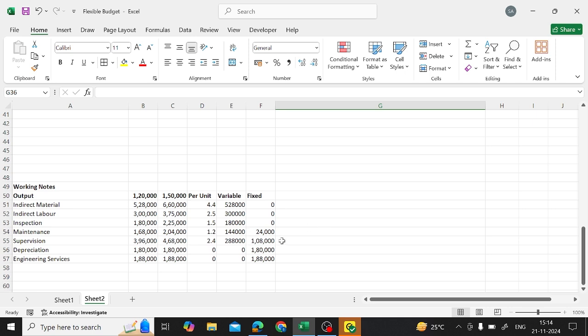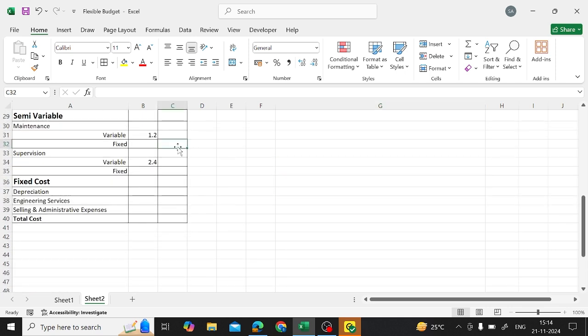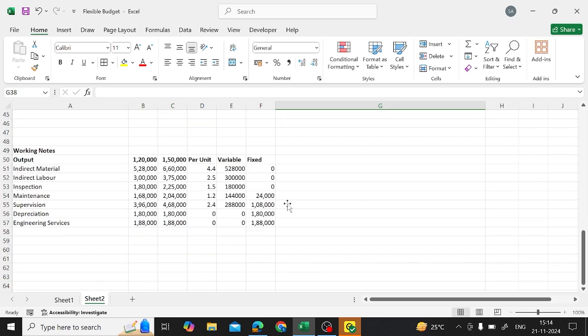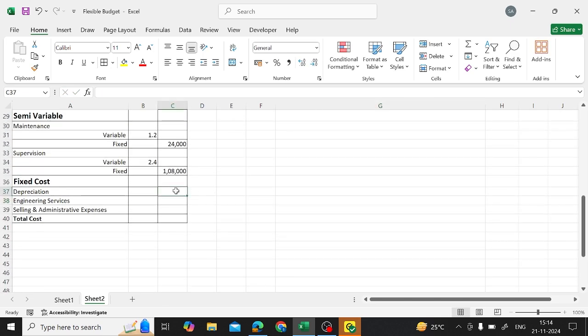And the fixed is 24,000 and 1,08,000. Depreciation and engineering are fixed, 180 and 188. And selling is given as 1,00,000.